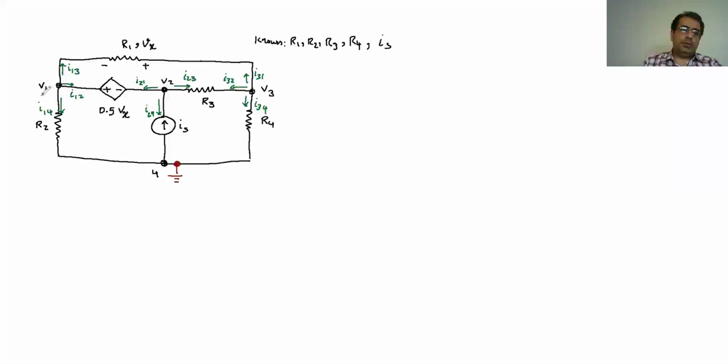Now, if I want to start to write a KCL at the V1, well, the 4 is the reference, so I cannot write anything at that. If I want to write a KCL at 1, what I'm going to get is I12 plus I13 plus I14 is 0.